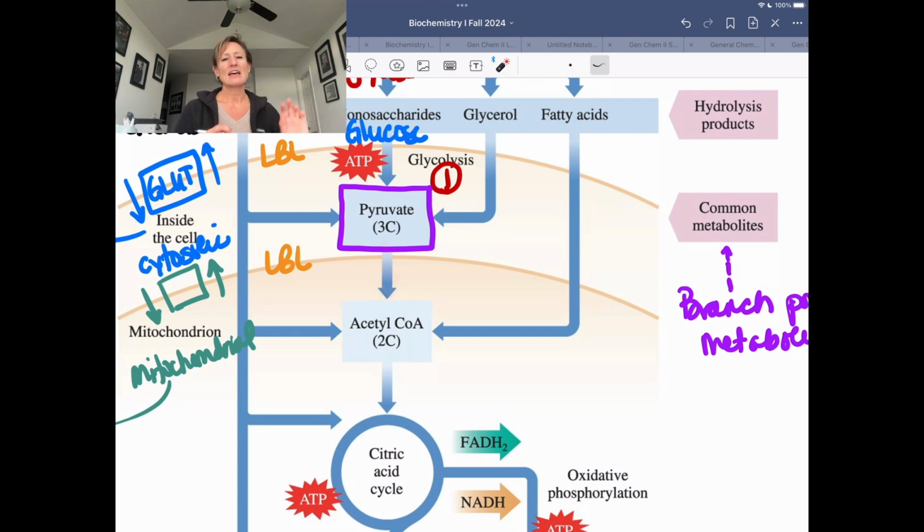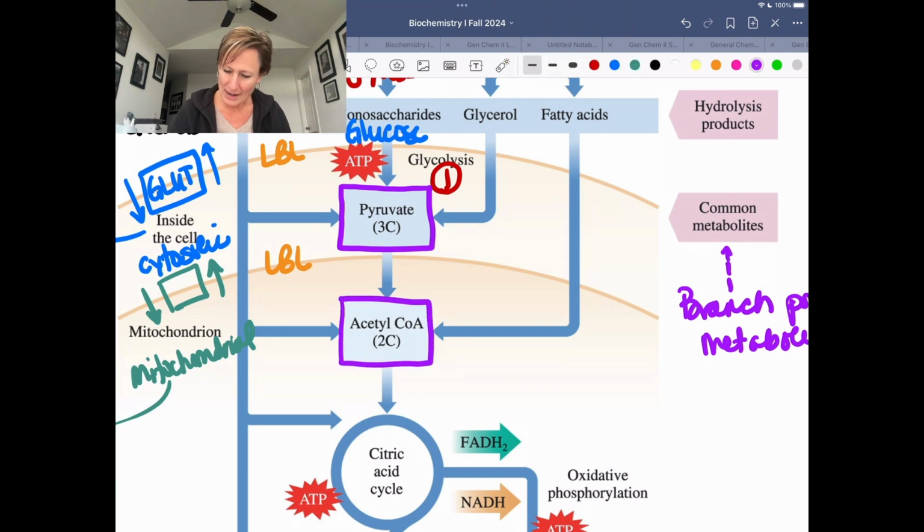Now we're going to take that 3-carbon pyruvate and make it into a 2-carbon acetyl-CoA. Acetyl-CoA is another one of those important branch point metabolites. And here is where we start seeing some carbon atoms get liberated as carbon dioxide. Hopefully you remember that we don't have carbon dioxide bubbles floating around in our bloodstream; we've got carbonic anhydrase that converts it into bicarbonate.